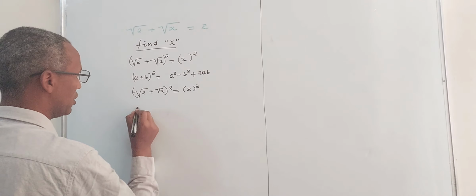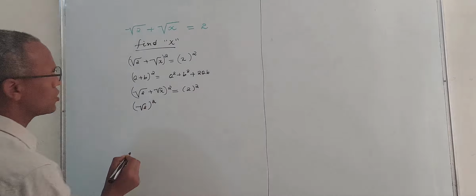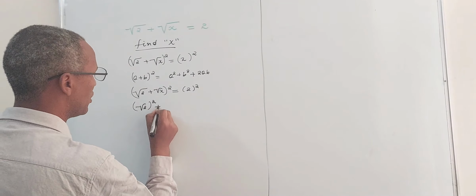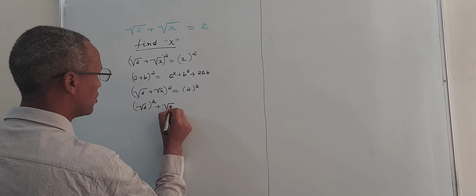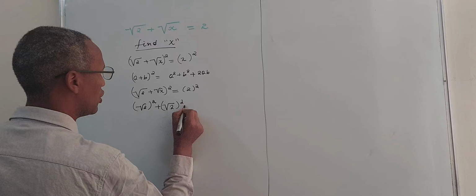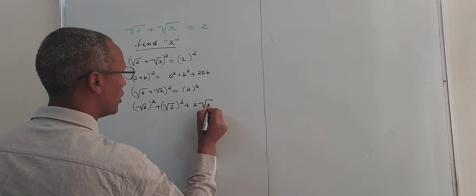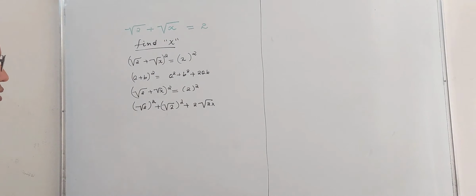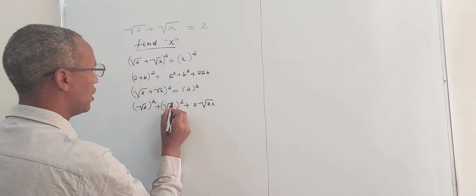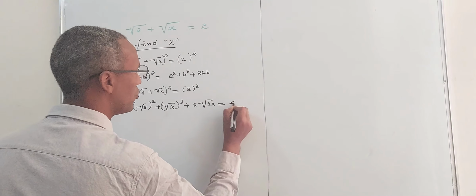Or you can write it like this: square root of 2 squared, plus square root of x squared, plus 2 square root of 2x. Sorry, this guy is x. This is equal to 4, right?